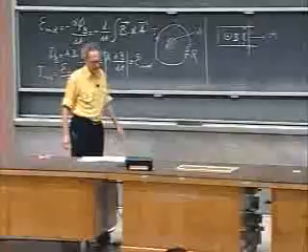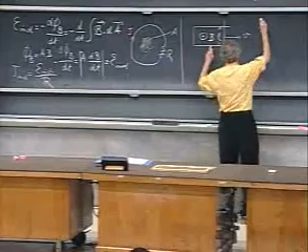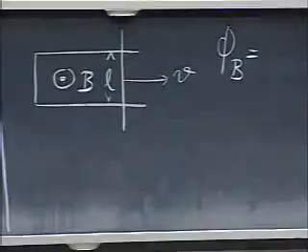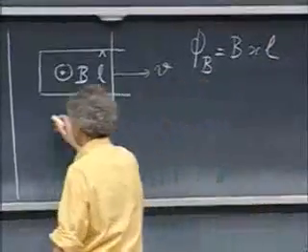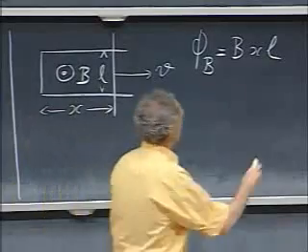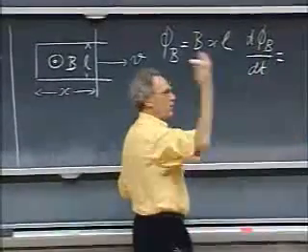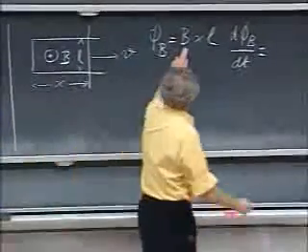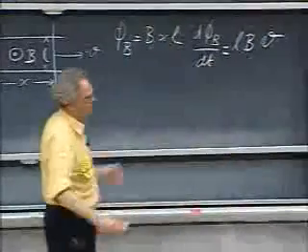Magnetic field is constant. And so the magnetic flux, phi of B, is the area times the magnetic field. The angles are just wonderful. So that is B times x times L, if this distance is x. So the magnetic flux change in time, d phi B/dt, notice I don't care about minus signs, I don't need minus signs, is therefore L times B times dx/dt, and dx/dt is the velocity.